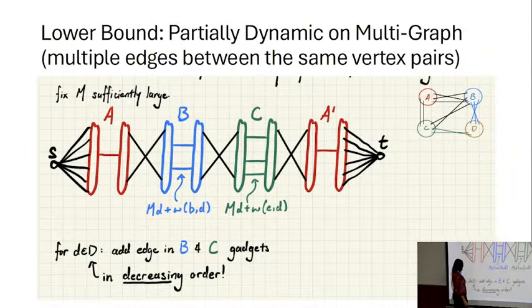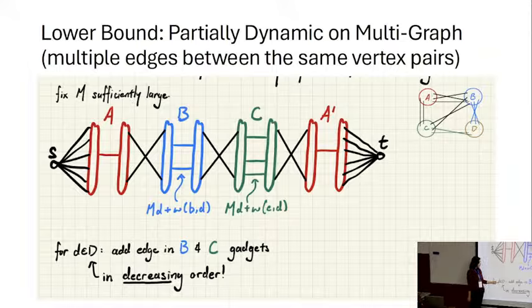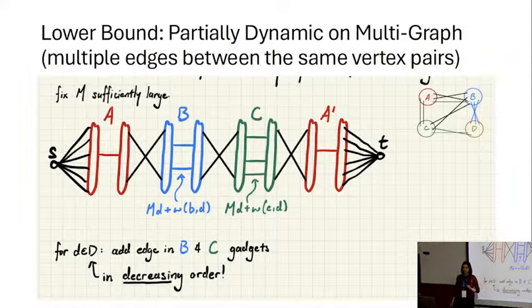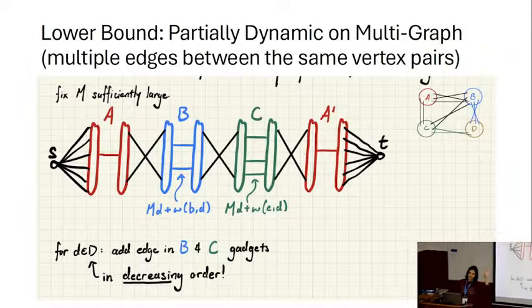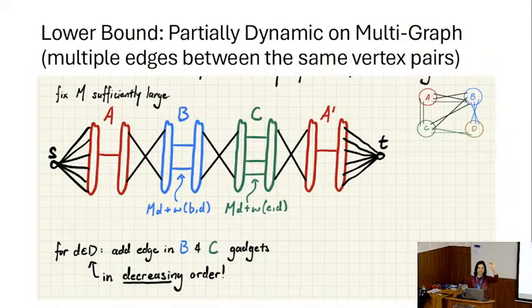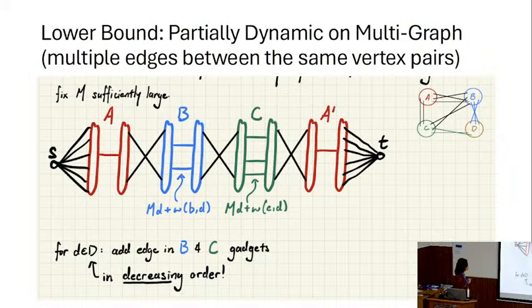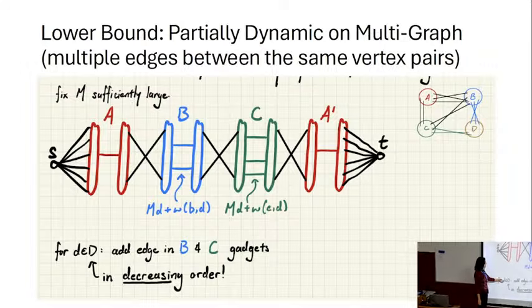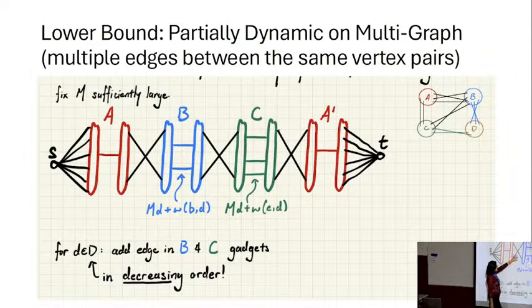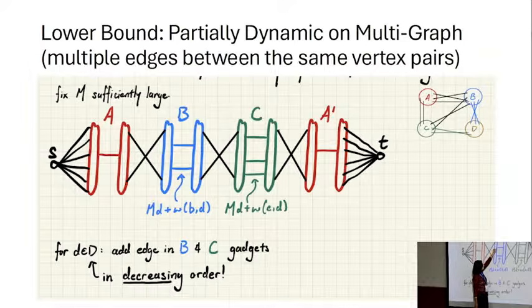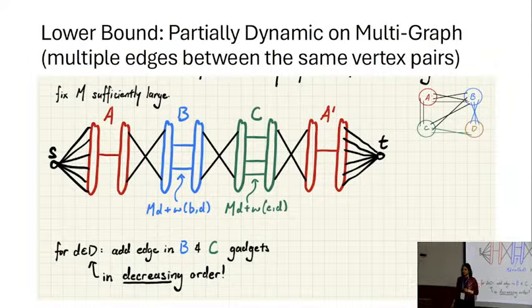We will be going over each D, but now we go through these D's in decreasing order. Okay, so if there are n vertices in D, you start with the nth vertex in D, then n minus 1, n minus 2, and so on. So we consider D in decreasing order, and we are adding these edges, again from B to B, but this time the weight of that edge is capital M times D plus weight of BD. Okay, so what is the intuition here?